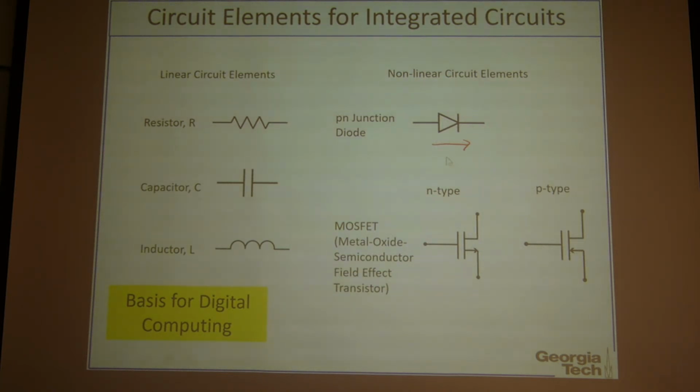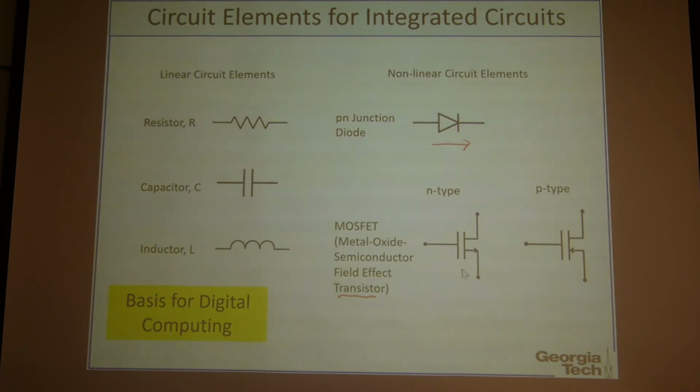So this is the PN junction, and then we have the transistor. The transistor symbol is something like this. We are going to have more discussions later, but this is the circuit symbol for the transistor. This transistor is the MOSFET, metal oxide semiconductor field effect transistor. This is the mainstream technology today for the transistor.